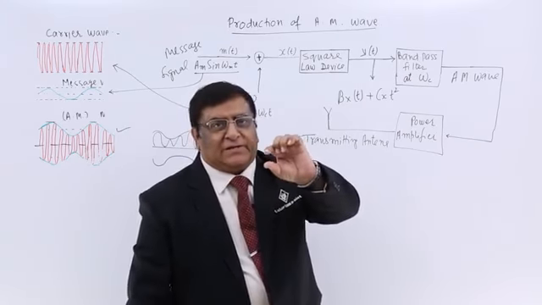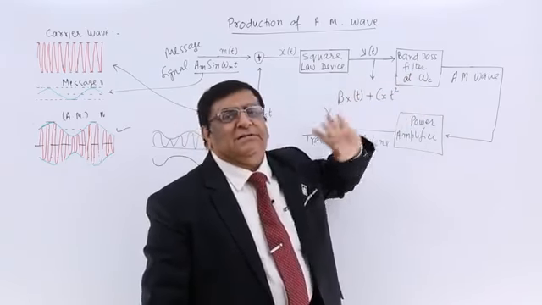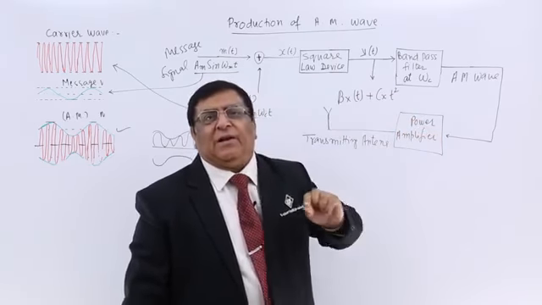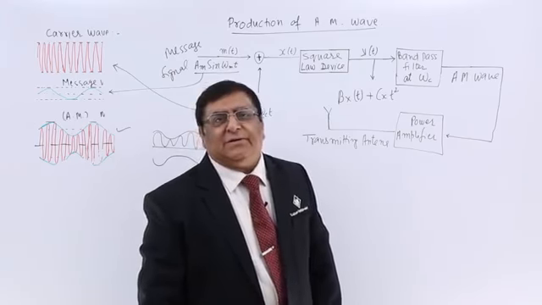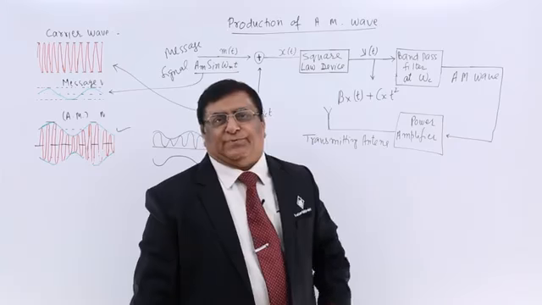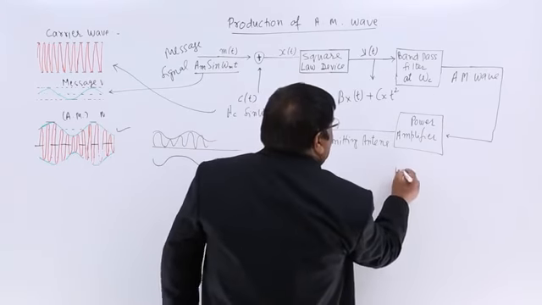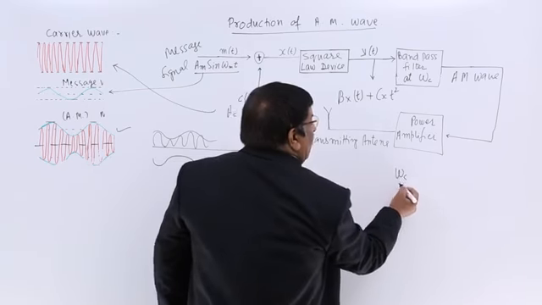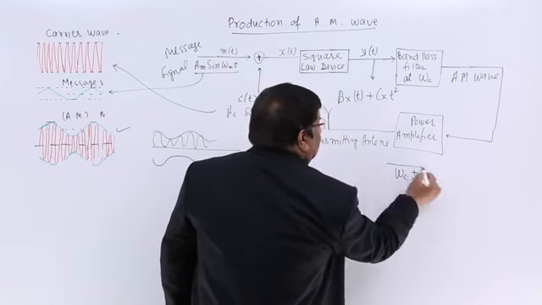We can always make filters which will allow a particular frequency to pass through. This setting we keep at omega c, so that it will allow omega c plus minus omega m, the message frequency.